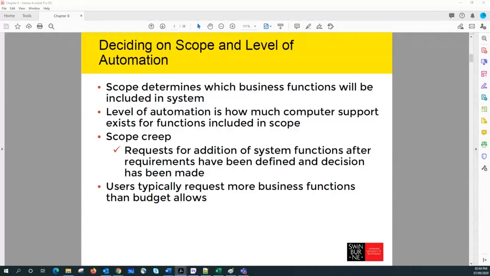One way to help control this problem is to formalize the process of identifying, categorizing and prioritizing the functions that will be included in the system.